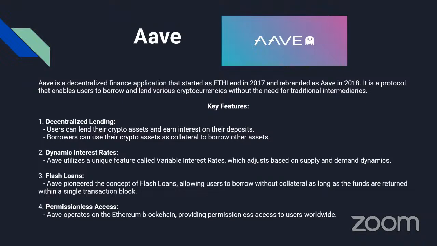Although the percentage is fixed, the fee is not always fixed because it's determined by demand and supply, right? So if the demand for a particular coin is high, that means the fee for that coin will be high. So it's always based on demand and supply, but the margin is always very low, right?